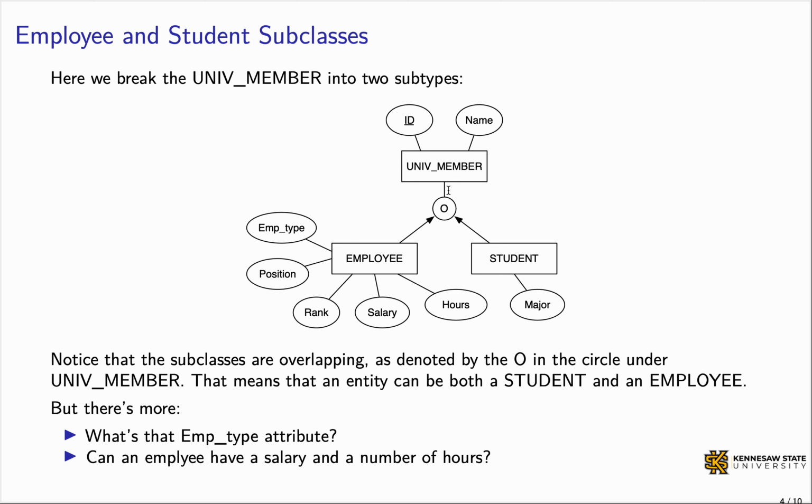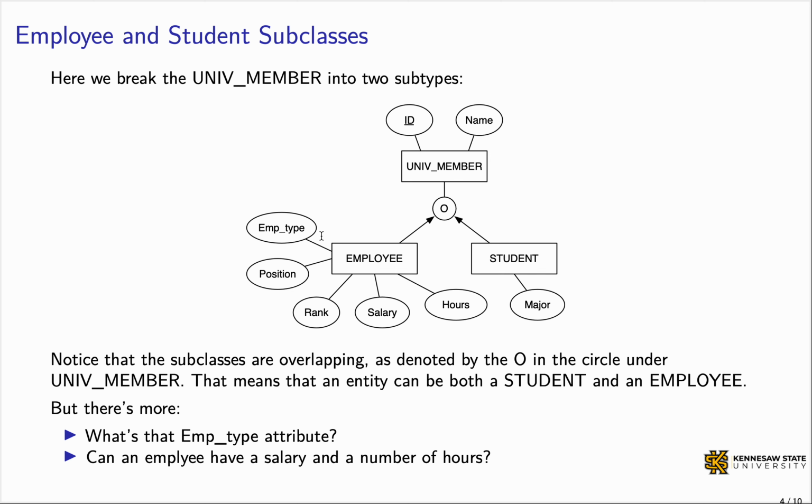The fact that this is a single line means that you can have entity instances that are neither students nor employees. You can have just university members. And the O means that the subtypes are overlapping. So for example, you can have a university member who is both a student and an employee.